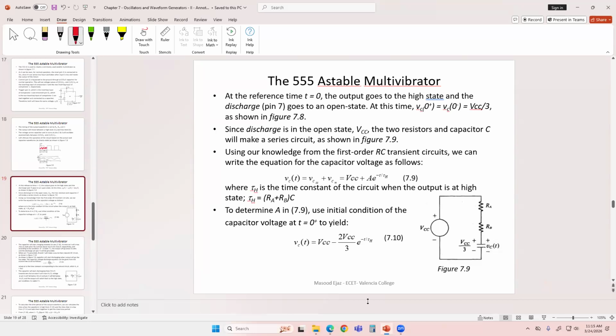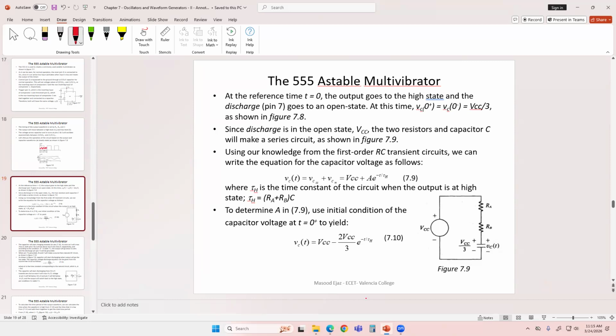It's a first order transient circuit. And again, we can write the equation for the capacitor voltage, which is the steady state value plus the natural response. The steady state value from this circuit is when we let the circuit go for a very long time. When the capacitor is going to be fully charged, the value across the capacitor is going to be VCC.